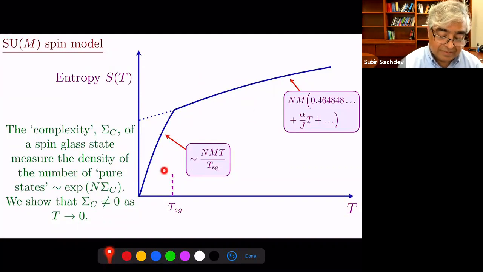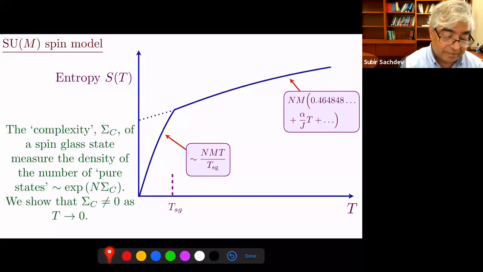Here, the valleys separate, and there's something called the complexity in the spin glass literature, which is a measure of the total number of pure states. And that Sigma_c can be computed in this replica symmetry breaking theory. This is where you do need replica symmetry breaking to understand the complexity.